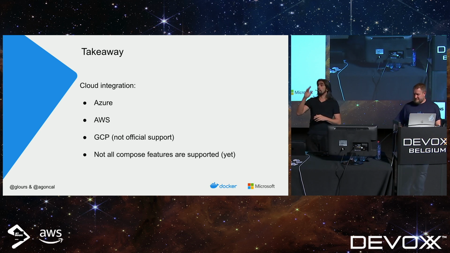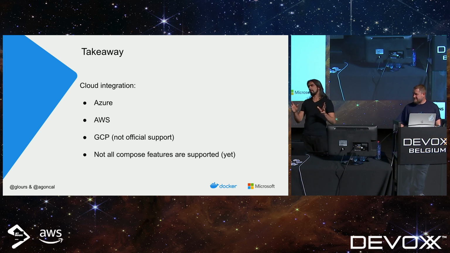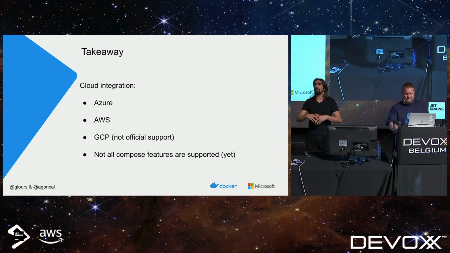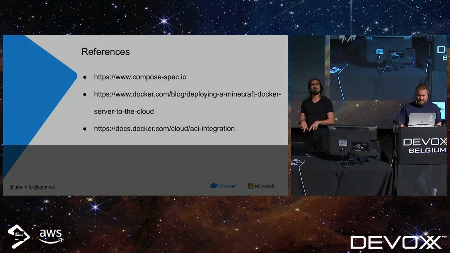But really, Microsoft and AWS are pushing hard. For GCP, there is some stuff, but it looks like it's not official, and they are not part of the spec. So not all the Compose features are implemented yet by both Microsoft and AWS. But as you can see, for most of the common cases, it's quite handy to take a Compose file, push it in the cloud, bang, runs. Except that time.